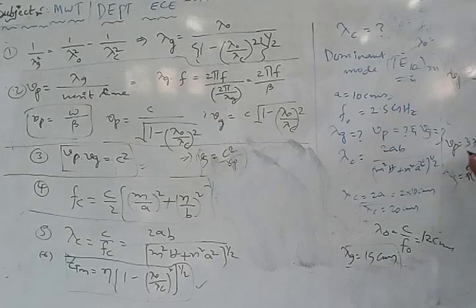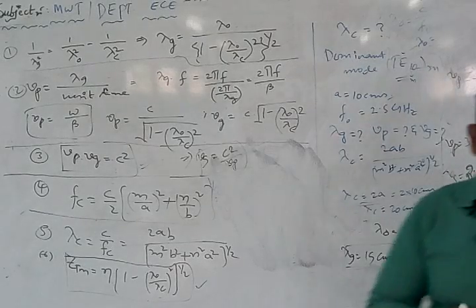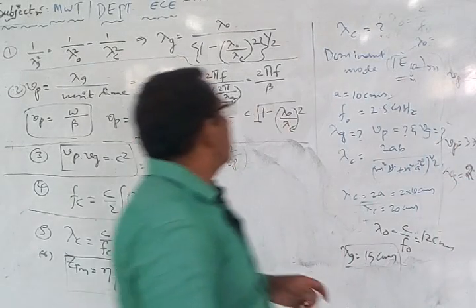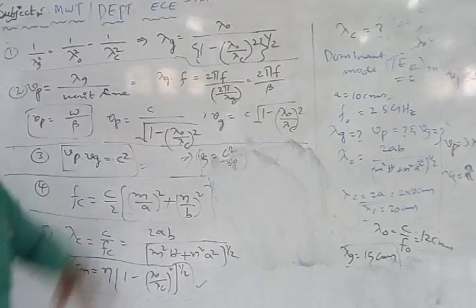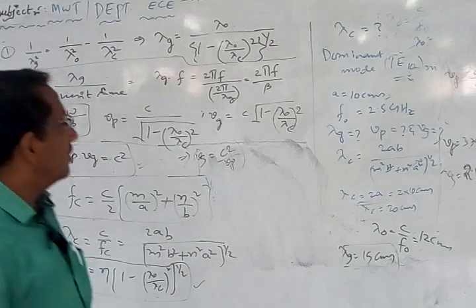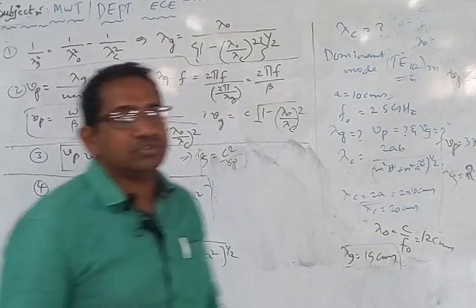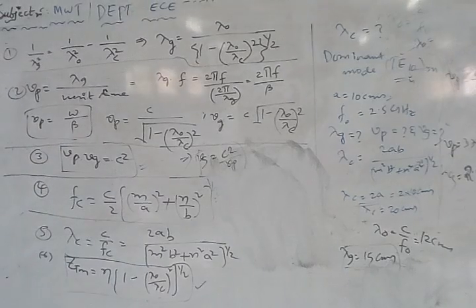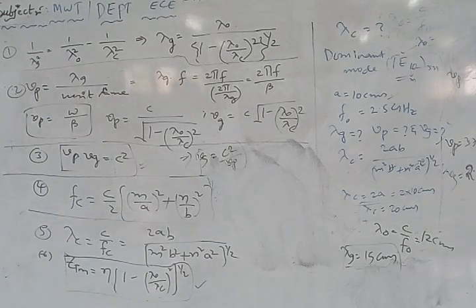So this is what Vp and Vg we will be getting. With these formulas, we can easily find the values asked. Now we will move on to the second problem.